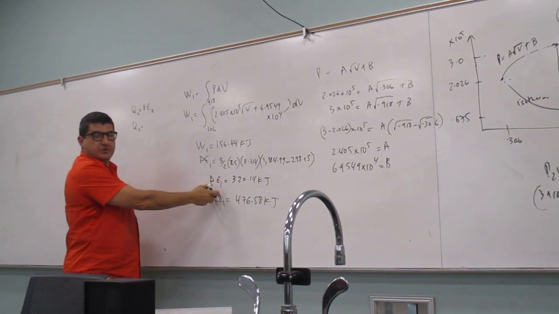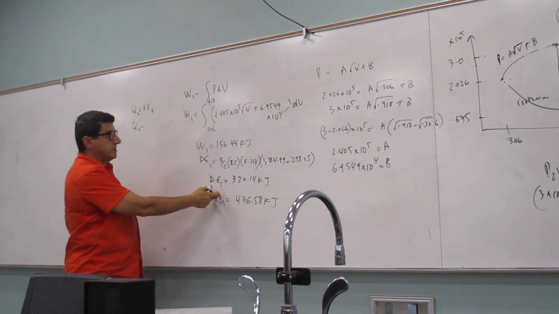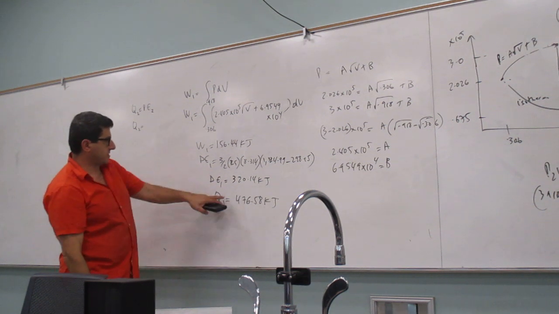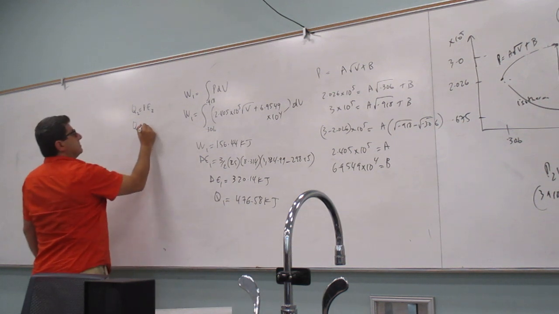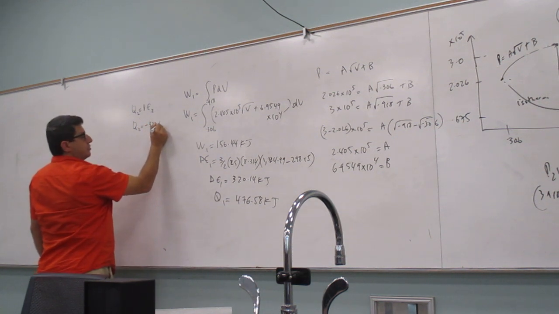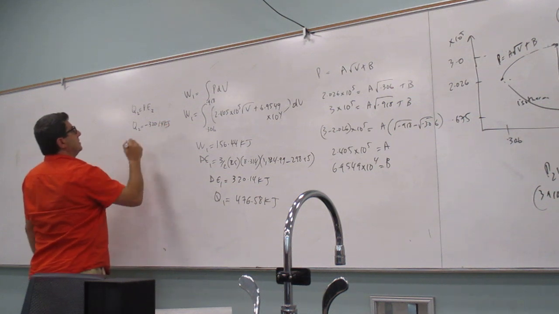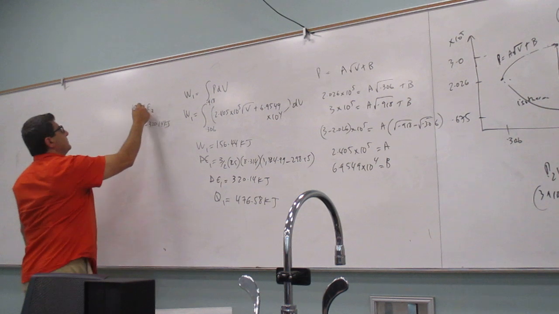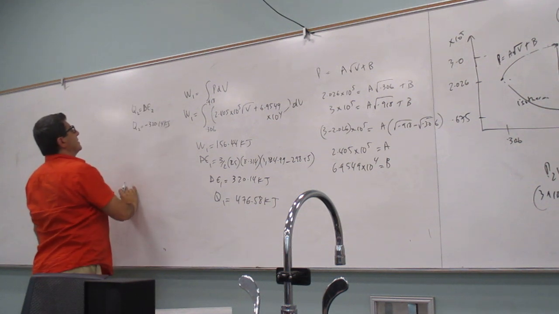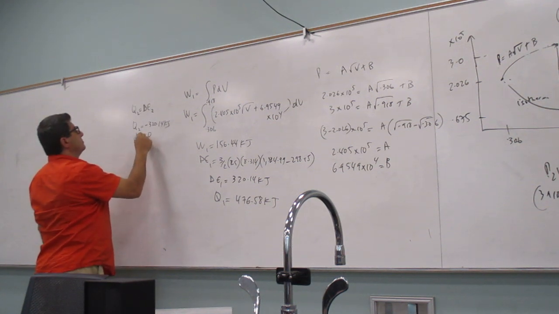Because you're going back down to the same temperature, so it's going to be the same as this guy, negative 320.14. And then W2 is 0.